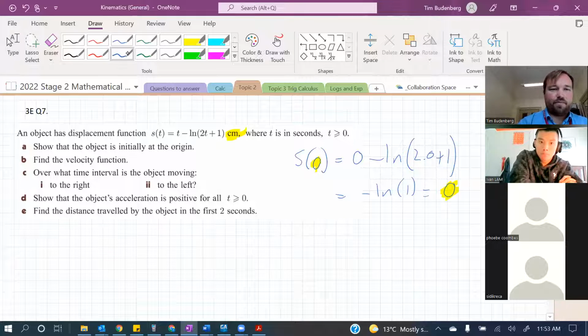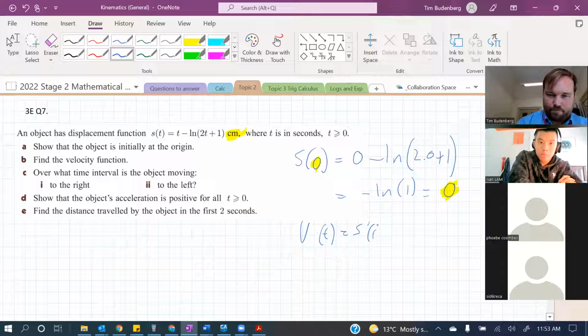Find the velocity function. All right, the velocity function, v of t, is equal to s dash t. So if we differentiate this, it would be 1 minus 2 over (2t plus 1).